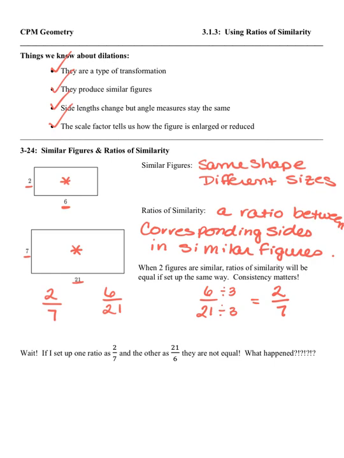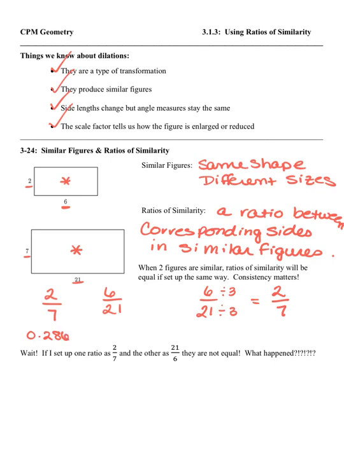Those ratios are equal to each other, which is in line with what we expected since I told you these rectangles were similar. The other thing we could do is write out the decimal equivalent for each fraction. If I take 2 and divide it by 7, I get 0.286, rounding.